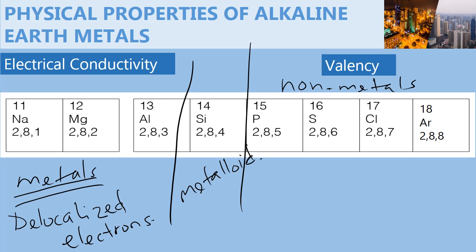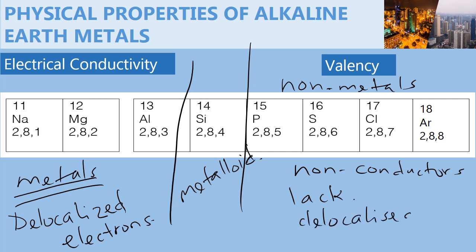As for the nonmetals, they are non-conductors of electricity because they lack delocalized electrons. The metalloid can conduct electricity, but not as well as the metals, and therefore it is known as a semiconductor.